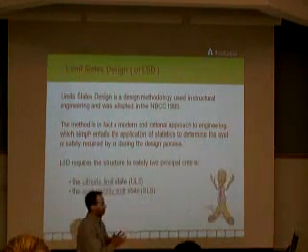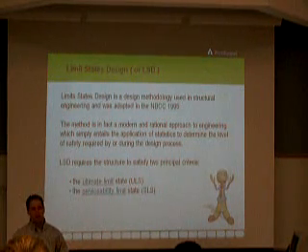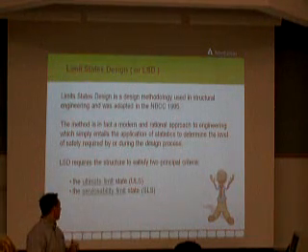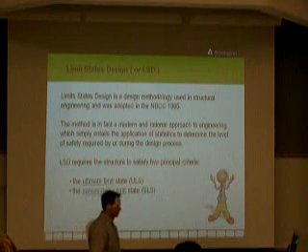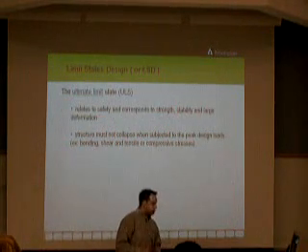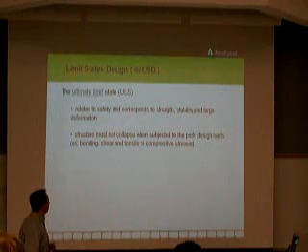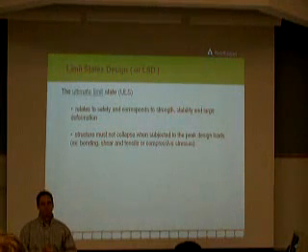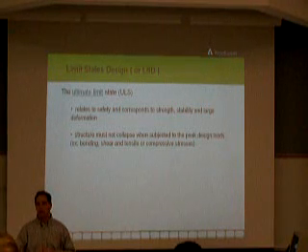Okay. An LSD is broken down into two different parts that need to be calculated. What we call ultimate limit states and serviceability limit states. Okay. Ultimate limit states basically refers to the limit prior to collapse.